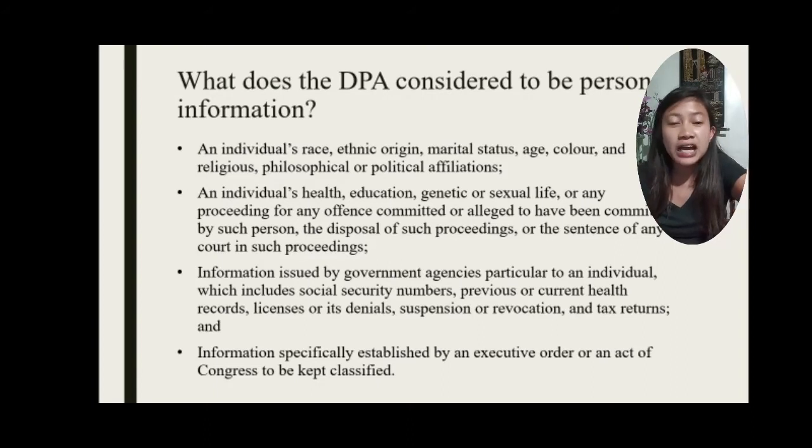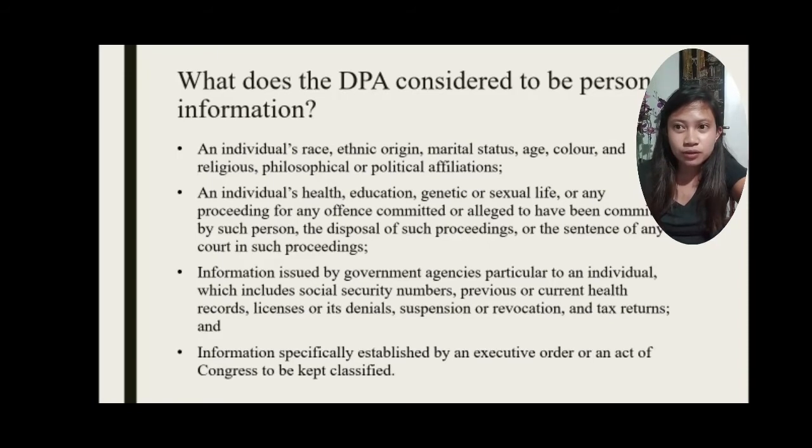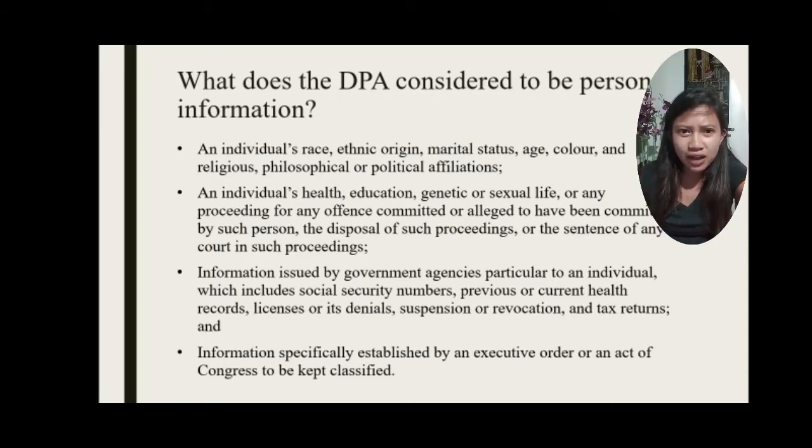First is an individual's race, ethnic origin, marital status, age, color, and religious, philosophical, or political affiliations, followed by the individual's health, education, genetic, or sexual life, or any proceeding for any offense committed or alleged to have been committed by such person, the disposal of such proceedings, or the sentence of any court in such proceedings.